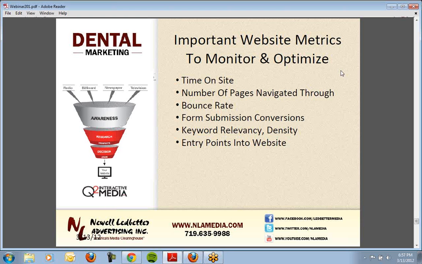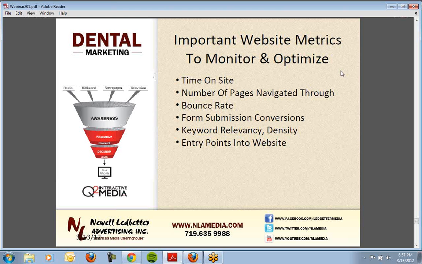Form submission conversions. Believe it or not, you can actually, with Google and Google Analytics, track how many people are actually submitting your forms and what keyword caused that form to come in. Pretty simple to do, but again, understanding what those trigger words are will help you increase your return on investment for your campaign.